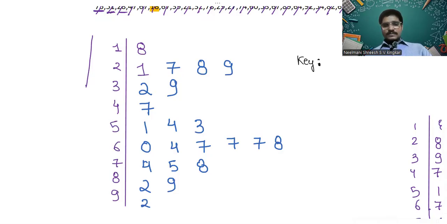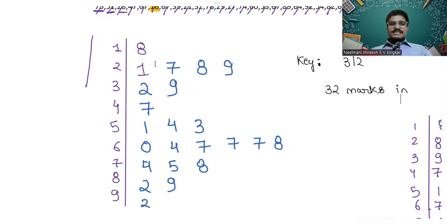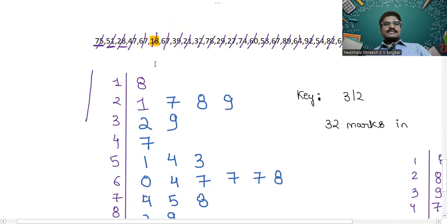Now, a key is an example, like for example, I can tell in this case, the moment I'm writing 3, 2, I mean 32 marks. And now I just forgot to mention, these are the test scores for a given maths test. So 32 marks out of 100.